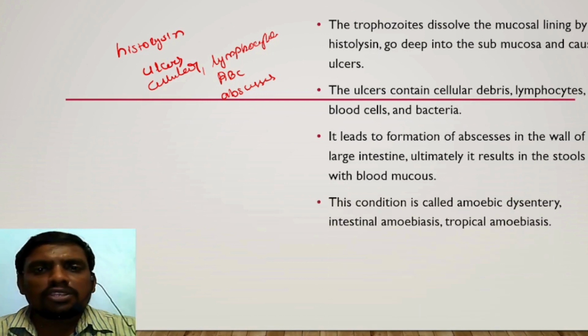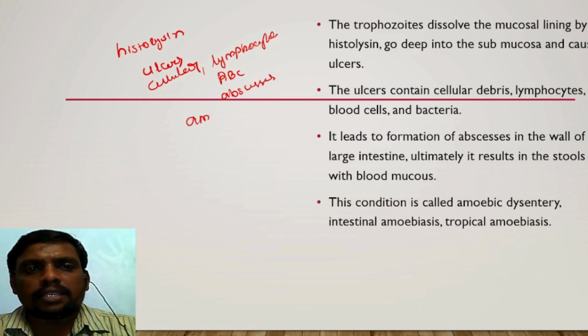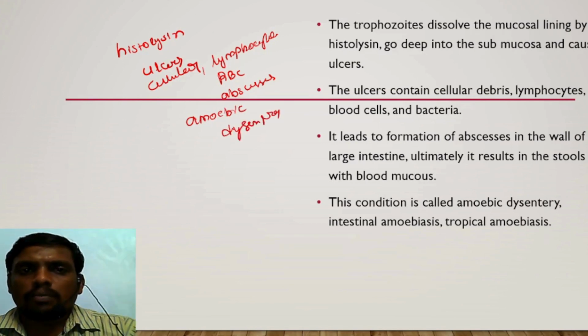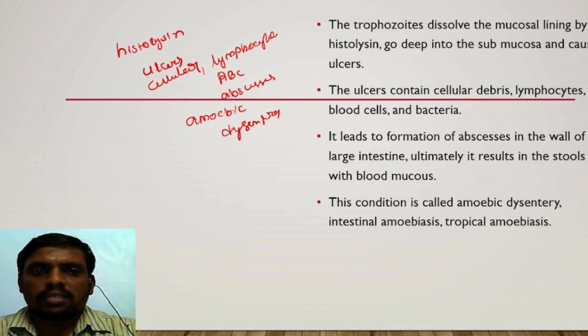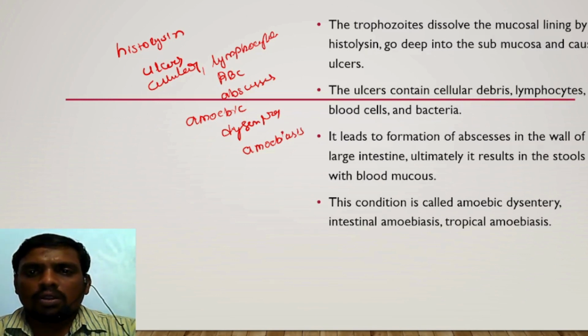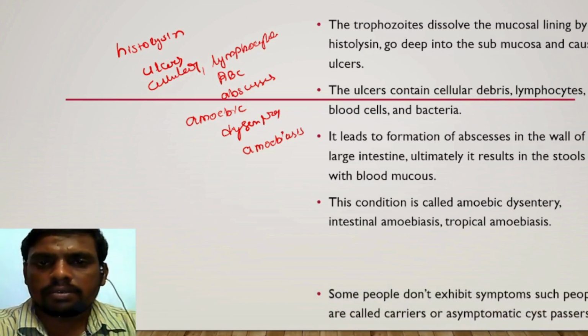Now, this condition is called amoebic dysentery, also known as intestinal amoebiasis or tropical amoebiasis.